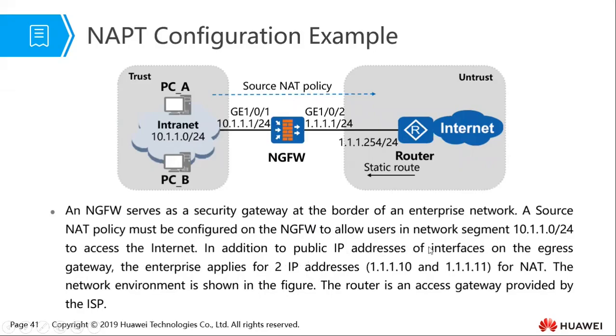In addition to the public IP addresses of interfaces on the egress gateway, the enterprise applies for 2 IP addresses, so the enterprise has 2 public addresses, 1.1.1.10 and 1.1.1.11, for NAT. The network environment is shown in the figure. The router is an access gateway provided by the ISP.